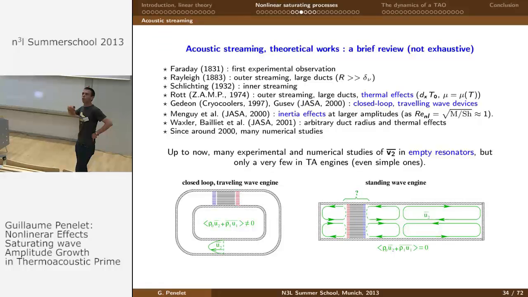And this will convect a lot of heat. While in the case of a standing wave engine, we cannot have a cross-sectional average of this second-order streaming mass flow. This cross-sectional average should be 0. So it's an important difference between both. This kind of streaming is called Gedeon streaming, while for this streaming we refer to Rayleigh streaming.